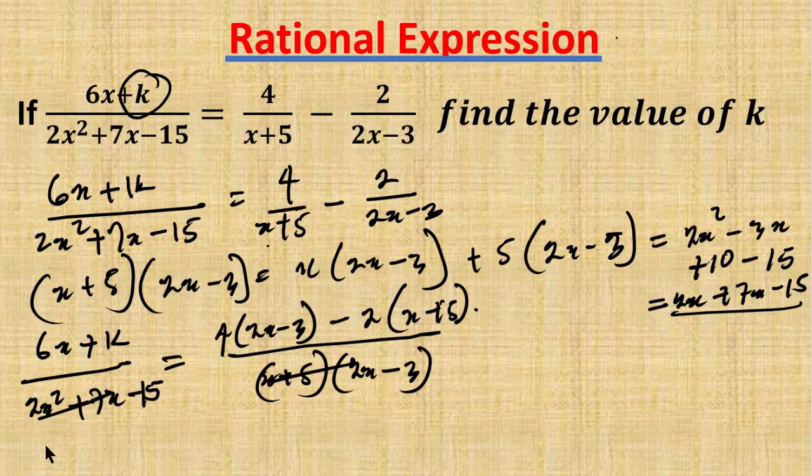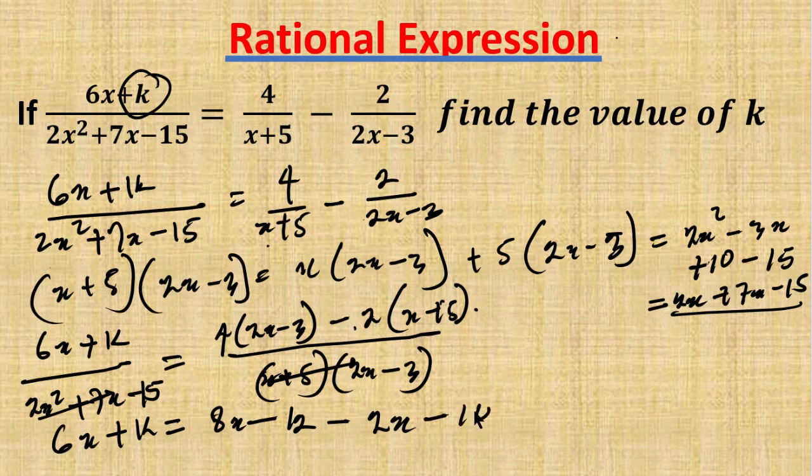Now, when I'm equating my numerators, it becomes 6x + k is the same thing as 4 into 2x, that's 8x − 12, and minus 2 times x, that's minus 2x, and minus 2 again times 5, that's minus 10.